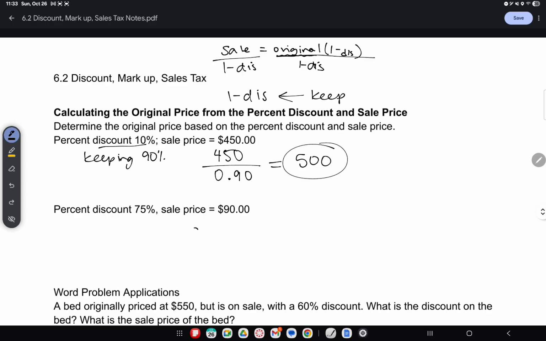So, all right, the sales price is $90. The discount is 75%, so we're keeping 25%. So as a usable decimal, that's 0.25. And 90 divided by 0.25 is 360.